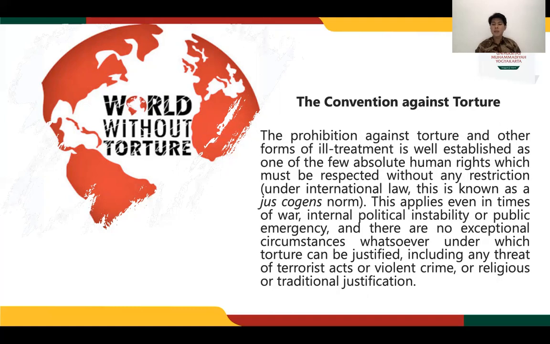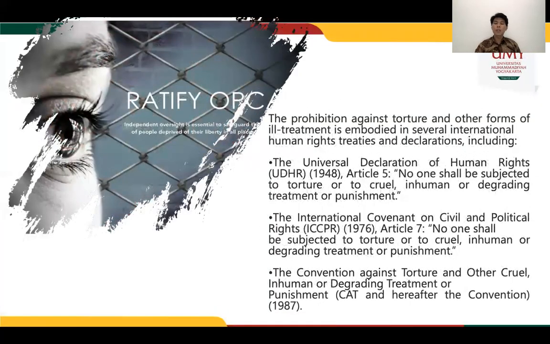This applies even in times of war, internal political instability, or public emergency, and there are no exceptional circumstances whatever under which torture can be justified, including any threat of terrorist act or violent crime or religious or traditional justification.